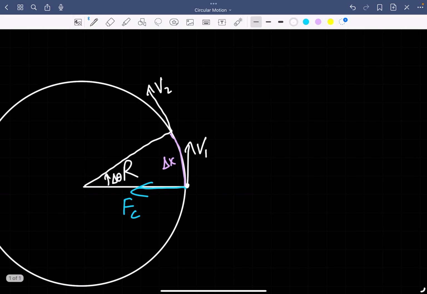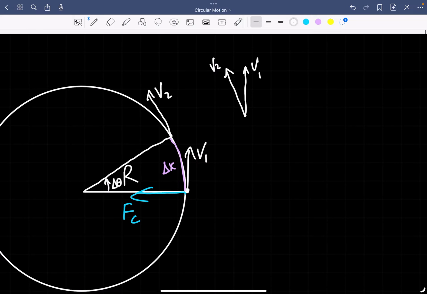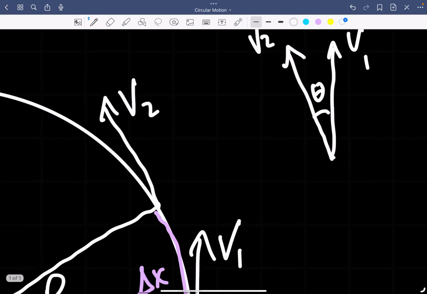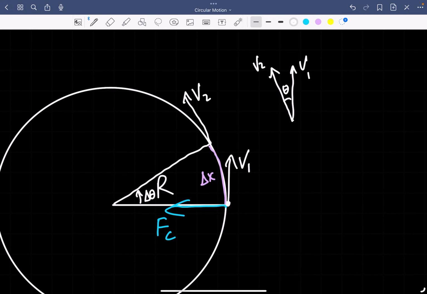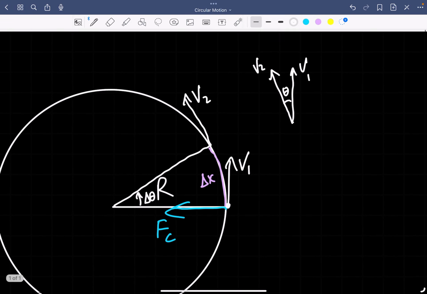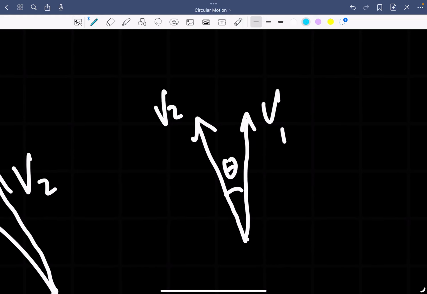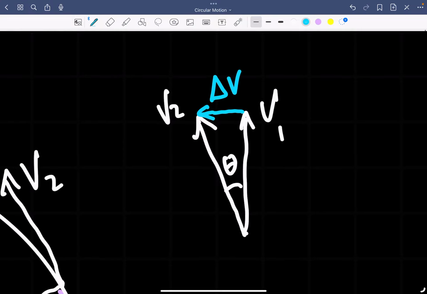Now if we draw these two velocities next to each other, we have v2 and v1, and the angle between them will be θ, because the velocity rotates by angle θ. The difference between these velocities is v2 minus v1, and so the change in velocity is this vector right here by vector addition.